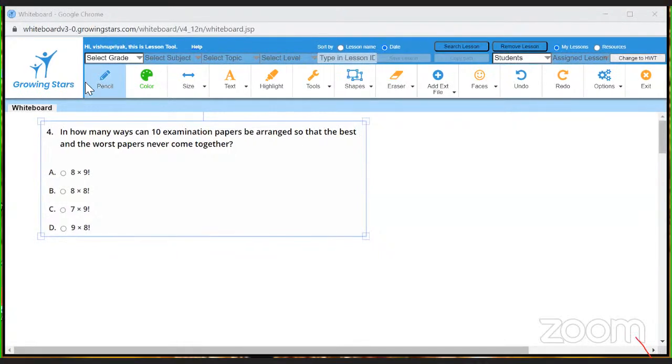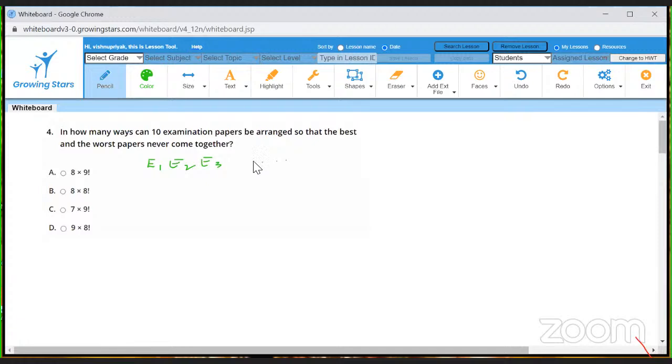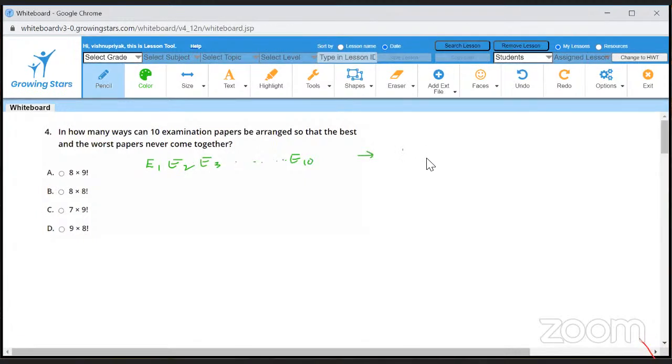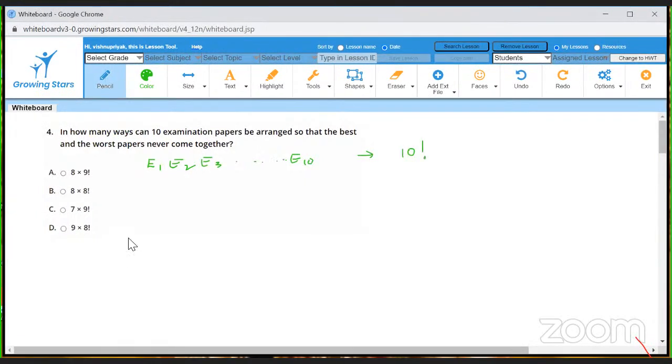So total 10 examination papers are there, E1, E2, E3 up to E10. Without any condition, they can be arranged in 10 factorial ways. But the condition is best and worst papers never come together.